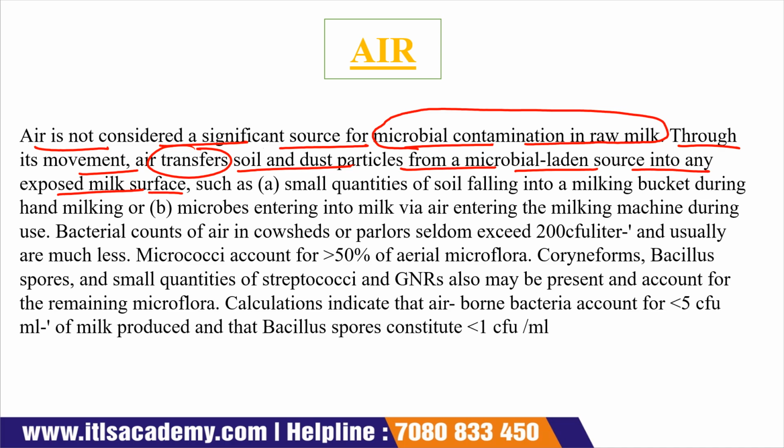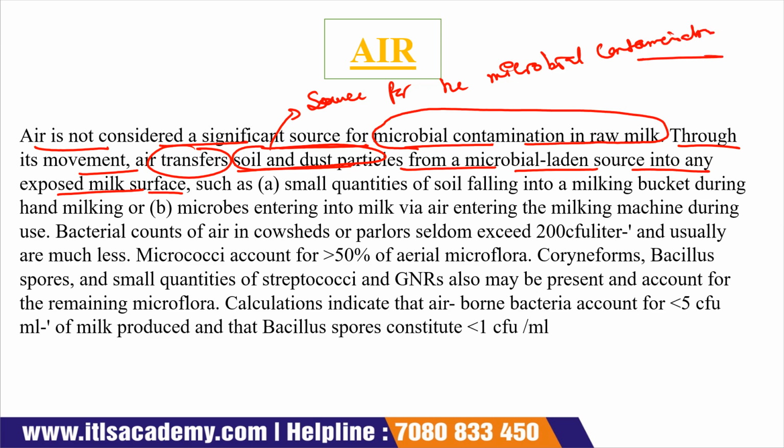So these soil and dust particles are considered a source of microbial contamination. This air and soil come in contact with the milking bucket during hand milking, or microbes enter the milk via the milking machine during use.